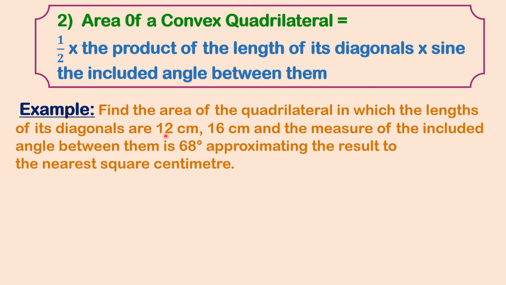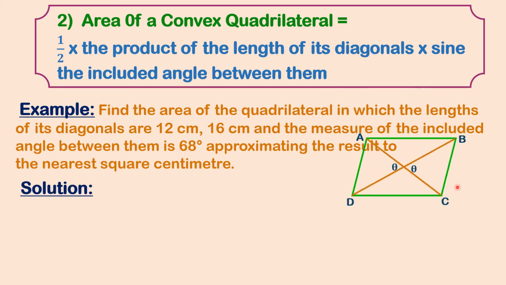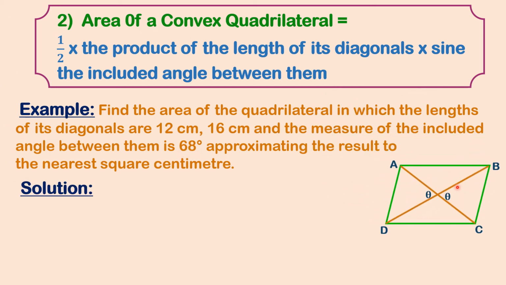So the given is the length of the first diagonal and the length of the second diagonal and the measure of the included angle between them. The solution: the first diagonal here means AC, the second diagonal is BD. The included angle is theta, the angle included between the two diagonals.